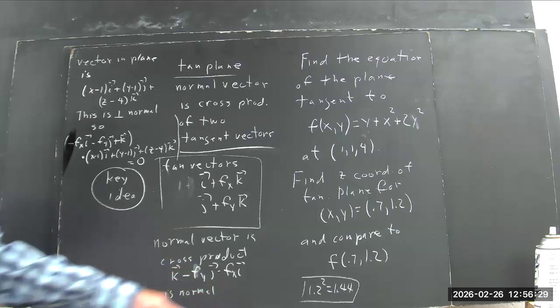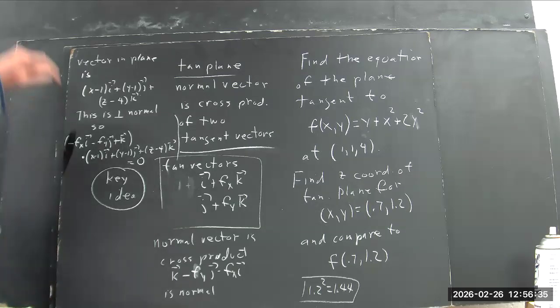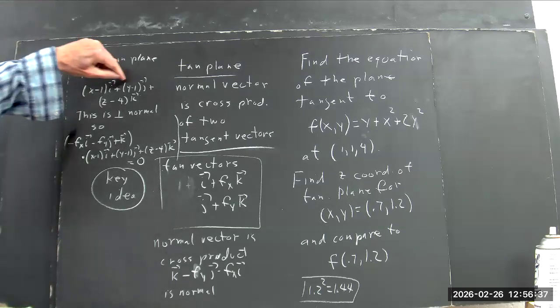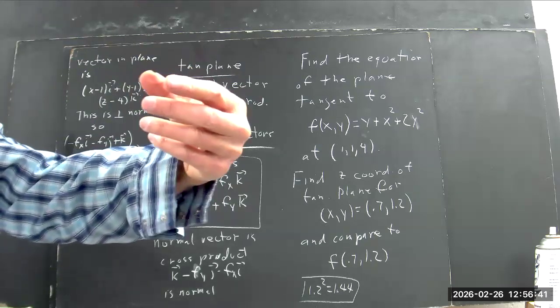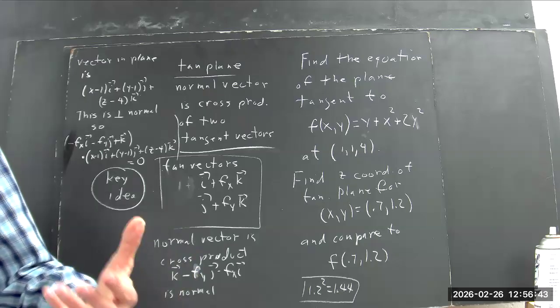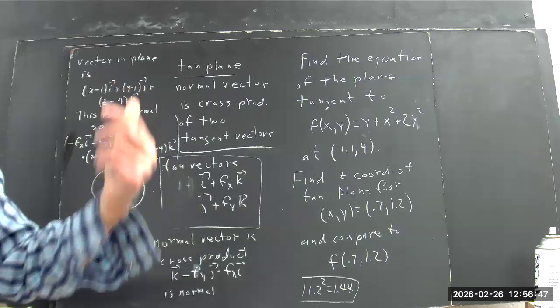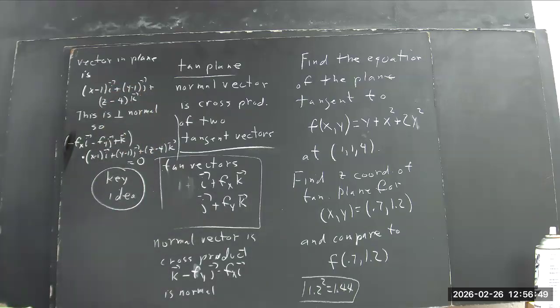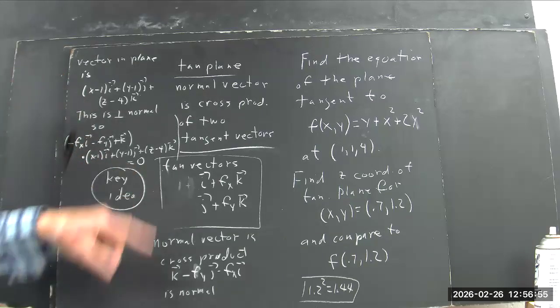The normal vector is our cross product, which is easy to calculate if you've got the two vectors. A vector in the plane has this form, a vector from (1, 1, 4) to (x, y, z). There it is. Make sure you understand why the vector from (1, 1, 4) to (x, y, z) is what I wrote. And then it's perpendicular to the normal, so if you take the dot product of the normal and that vector, you're going to get 0.